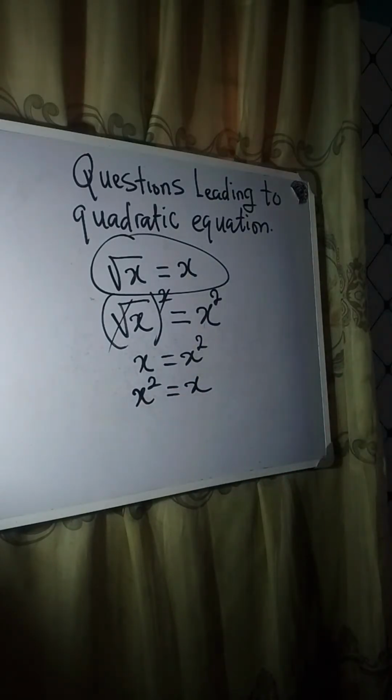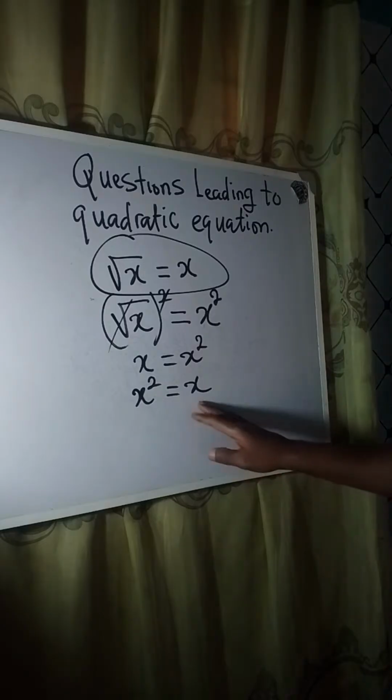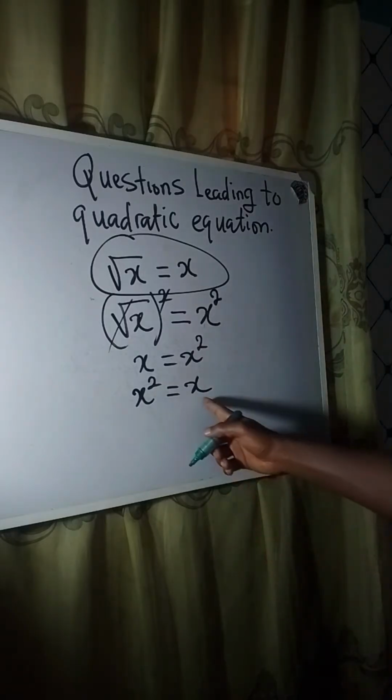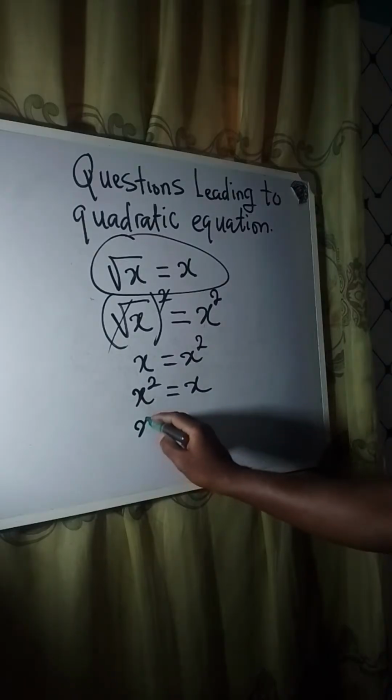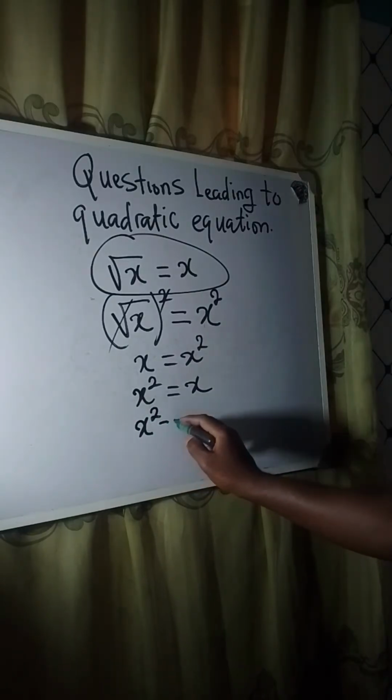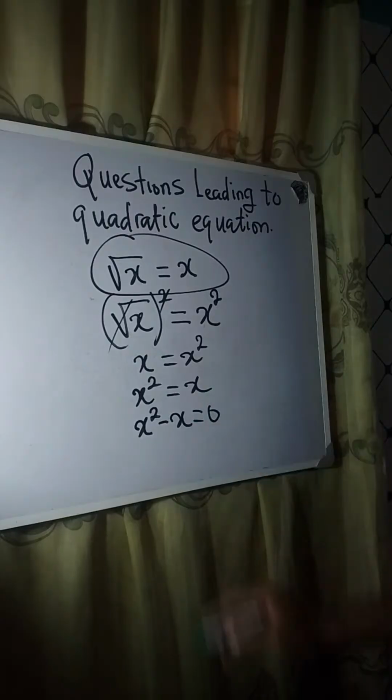Do not change the sign yet, because if a is equal to b, then b is equal to a. Now, bring this to the left, and it will give us x squared minus x equals 0.